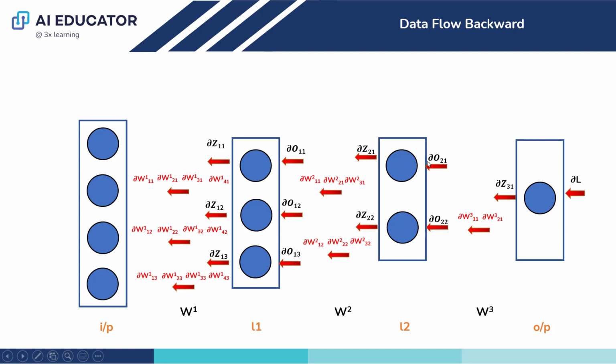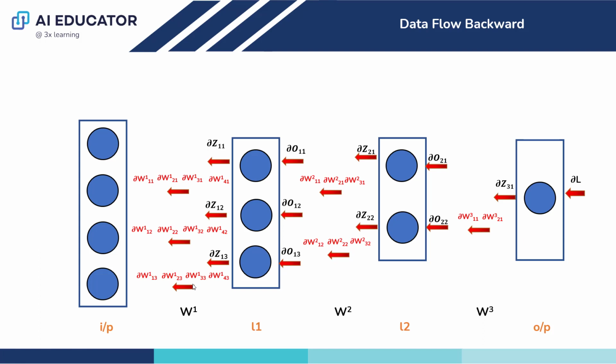Then we differentiate the output of the hidden layer. Then again, we differentiate the input of the second hidden layer. Then we differentiate the weights in this layer. Then we differentiate the output of the first hidden layer. Then we differentiate the input of the first hidden layer, and then we differentiate the weights of that layer.